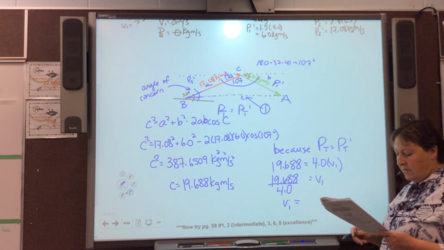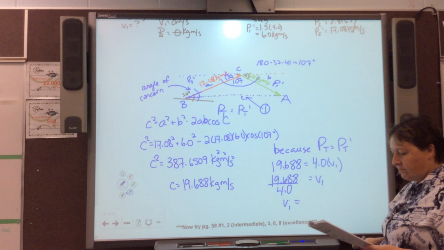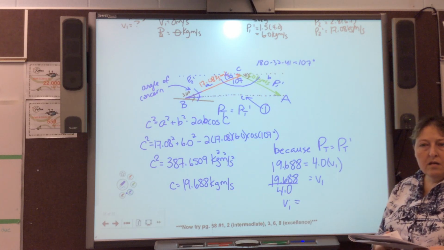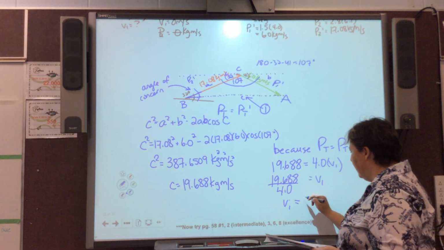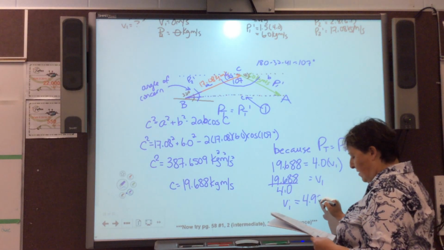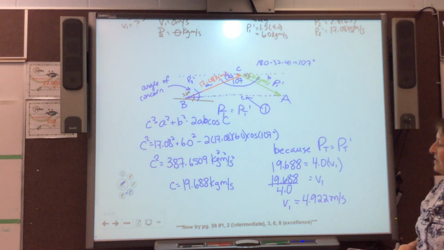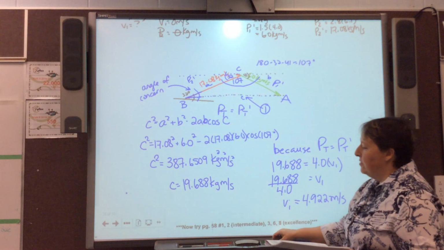V1 equals 4.92. Okay, so it's velocity, so what other component do we need?